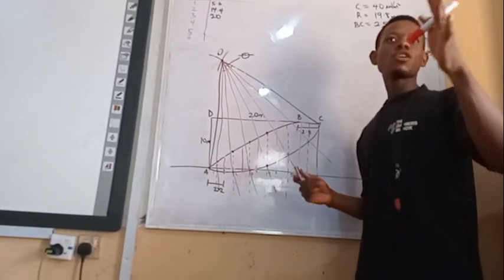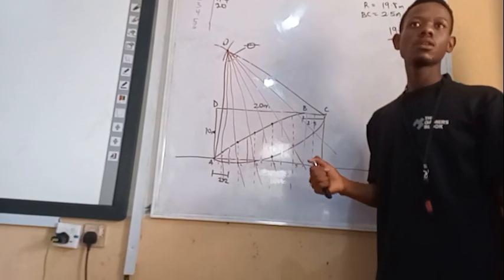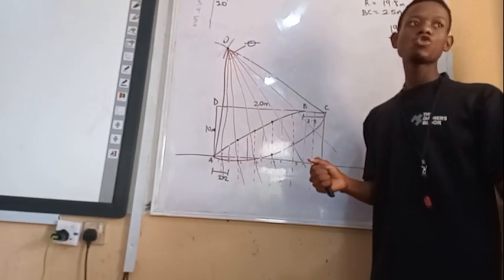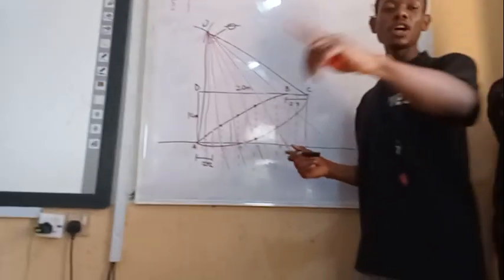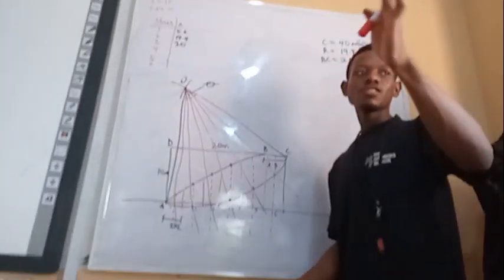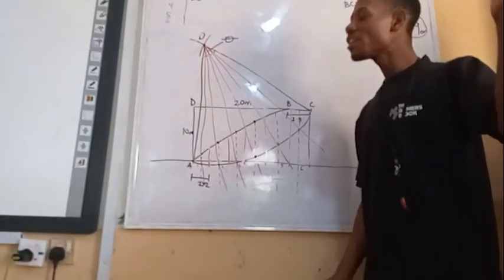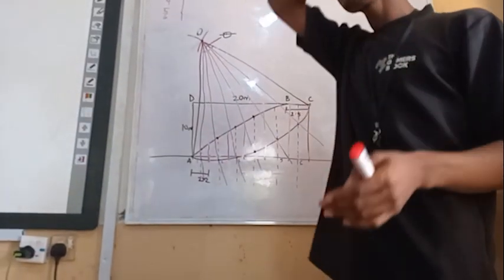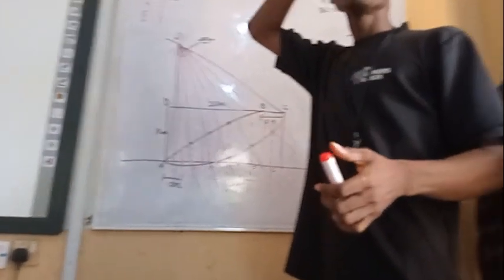Someone has gotten 3. Anything else? 2.8. 2.7, 2.8. Okay. 2.8 times 8 is what? 22.4.